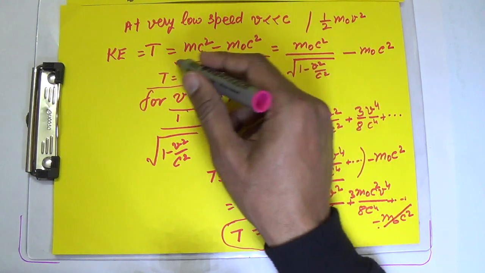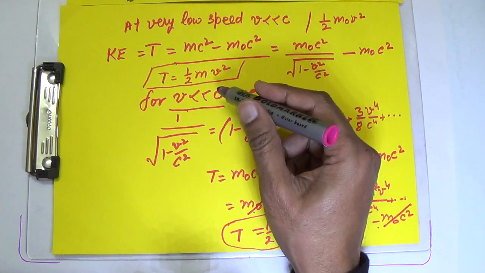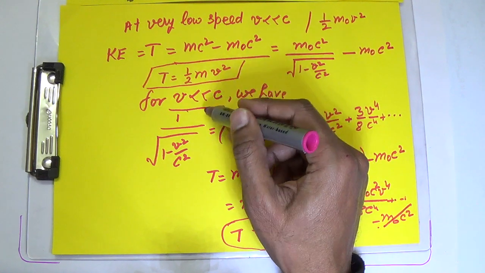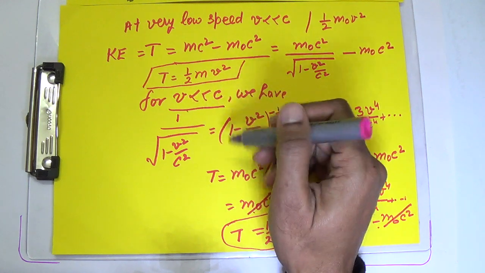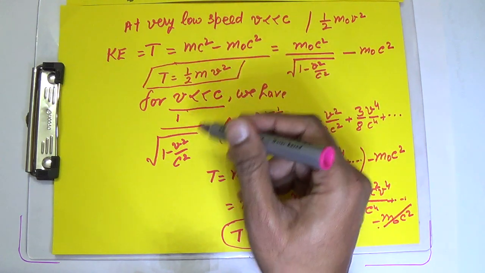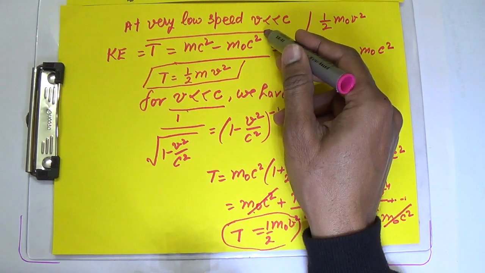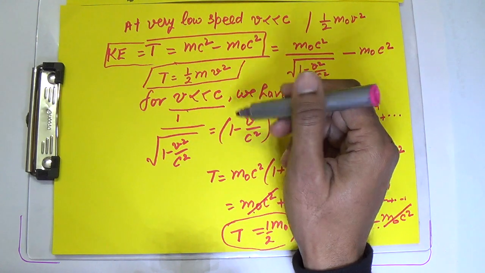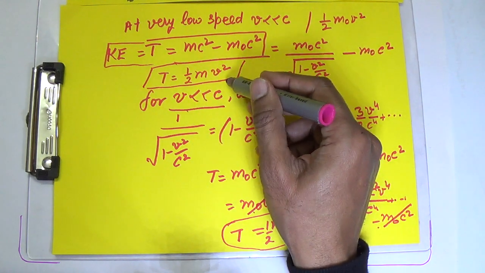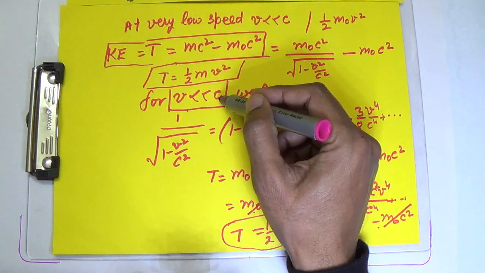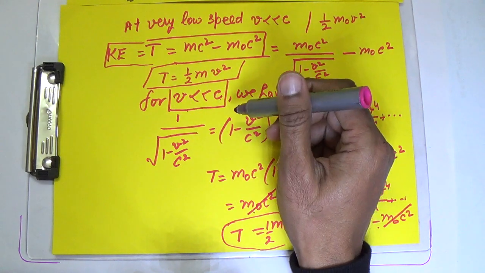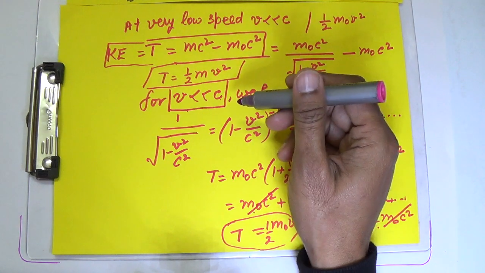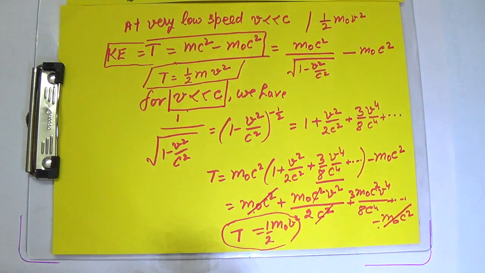So this result holds in classical mechanics when speed is very low, but when speed is comparable to the speed of light, then we have to use the formula T is equal to mc square minus m naught c square, and the classical formula is for very small velocity as compared to the speed of light. So these are known as the limitations of the relativistic kinetic energy.